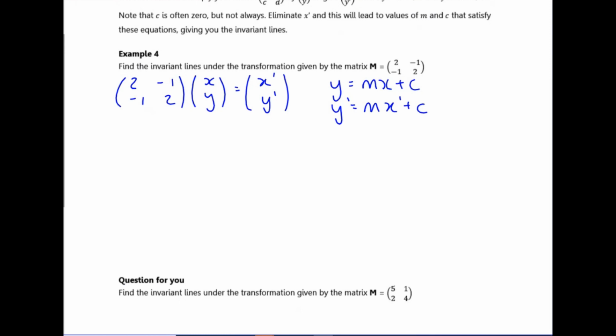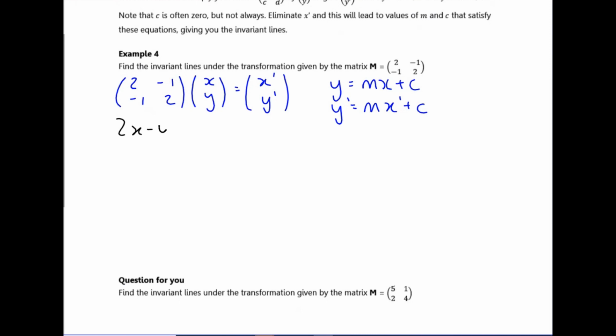So that's how you're going to start these invariant line questions off. You're going to multiply xy by the matrix and end up with the image, and then write down two equations, y equals mx plus c and y dash equals mx dash plus c. And then we're going to get a bunch of simultaneous equations and basically try and work out what m and c are.